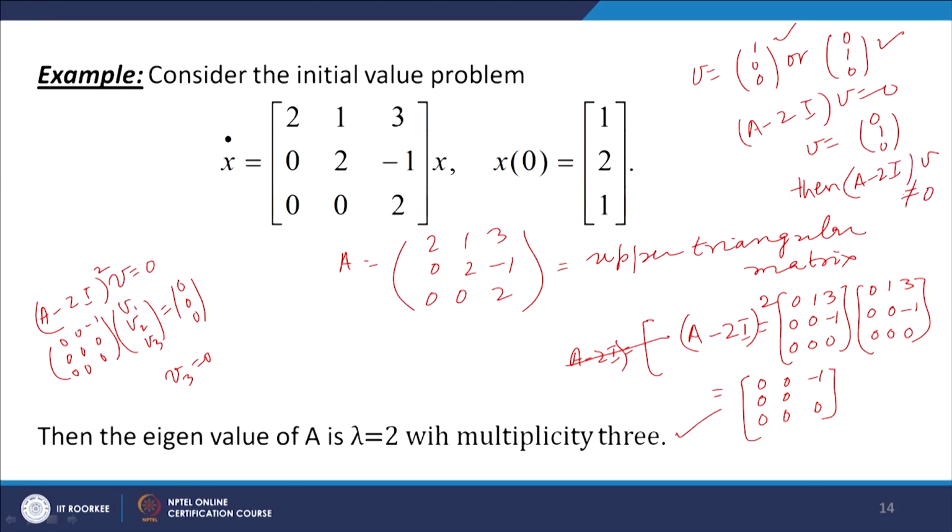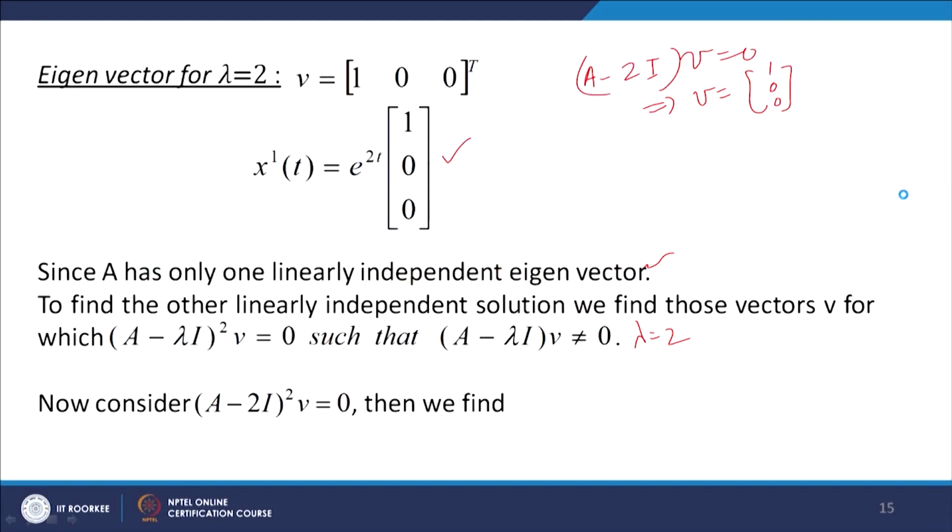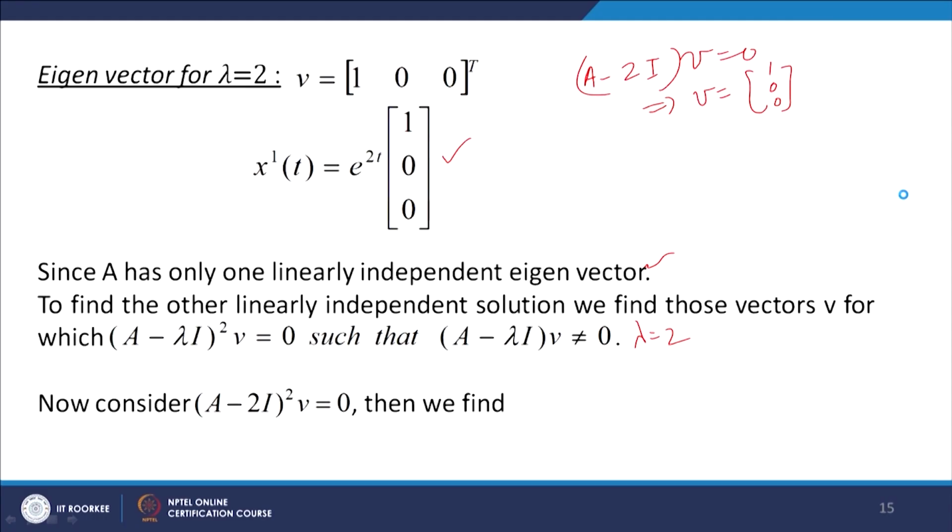So, we can consider this vector, and when you do this, what will be x2(t)? So, x2(t) will be equal to e to the power A t into B, where B is 0 1 0 that we are taking. So, e to the power 2t, and then e to the power (A minus 2I) t, into 0 1 0.